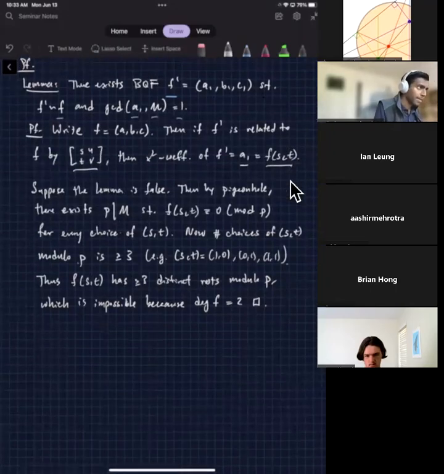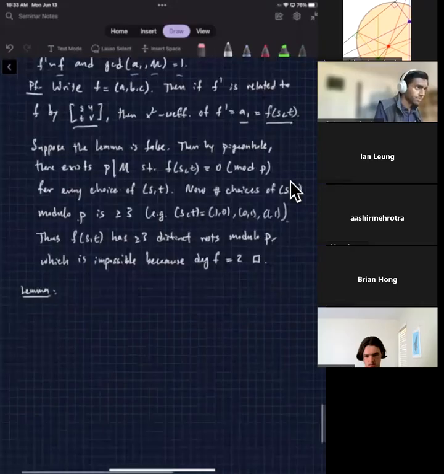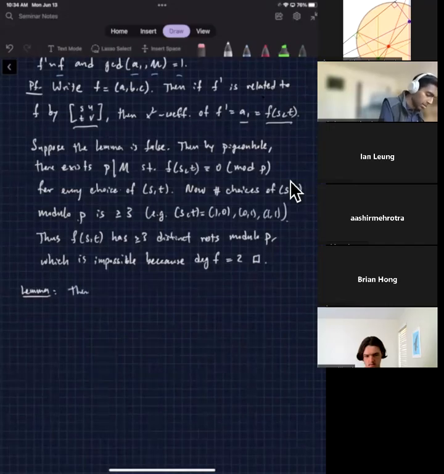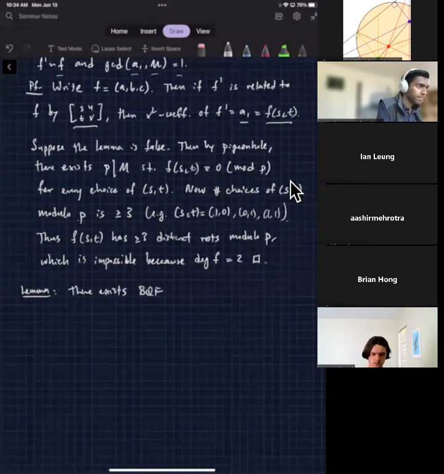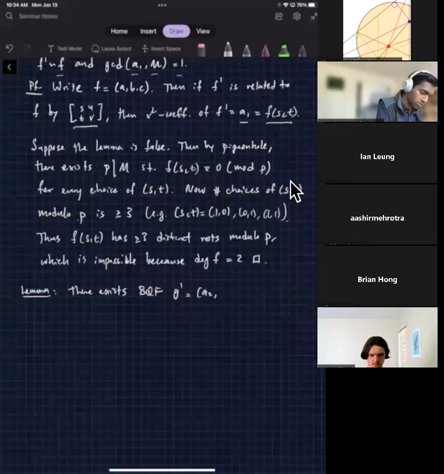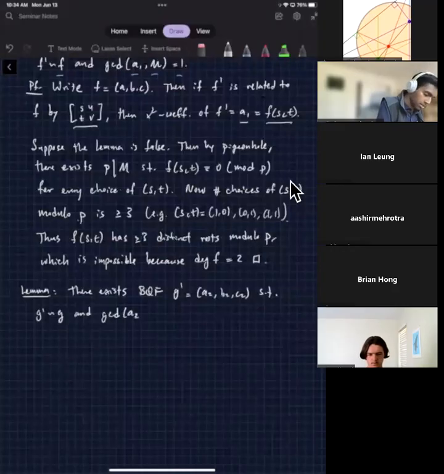Okay. The next lemma states that there exists a BQF g prime, which I'll denote by a2, b2, c2, such that g prime is equivalent to g, and the GCD of a2 with a1 times m is equal to 1.